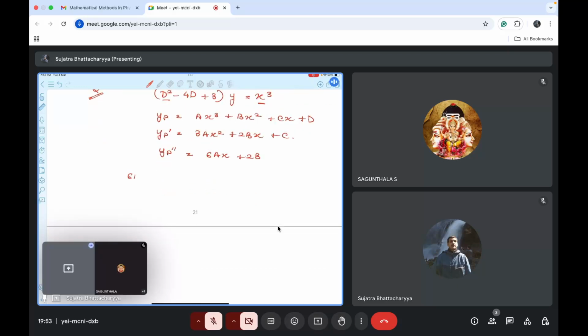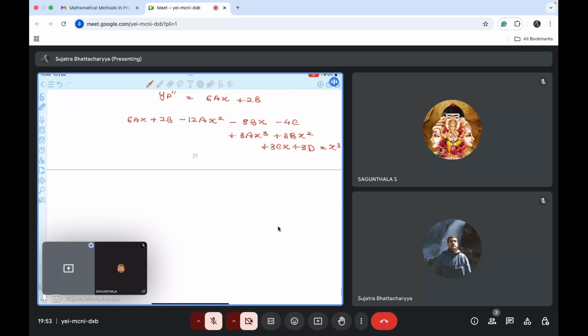You get 6ax plus 2b minus 12ax square minus 8bx minus 4c plus 3ax cube plus 3bx square plus 3cx plus 3d is equal to x cubed.